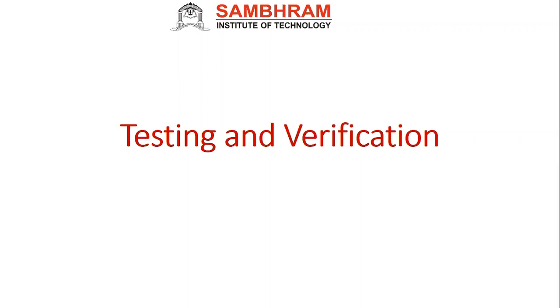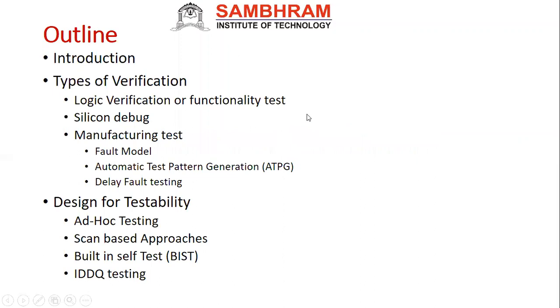Now let's see what we are going to study in this chapter. First, the introduction about testing and verification. Then the different types of verification: the logic verification or functionality test, the second type, silicon debugging, and the third one, manufacturing test.